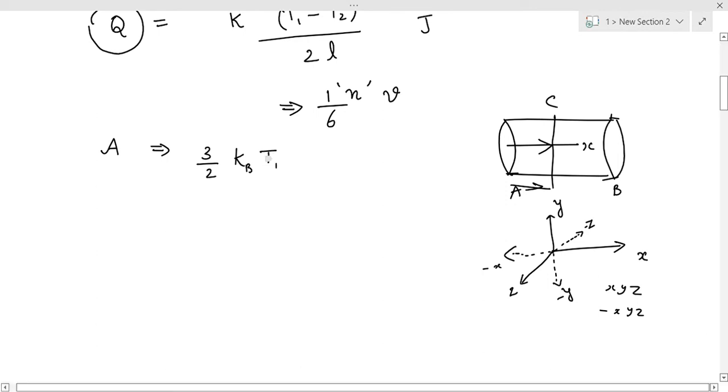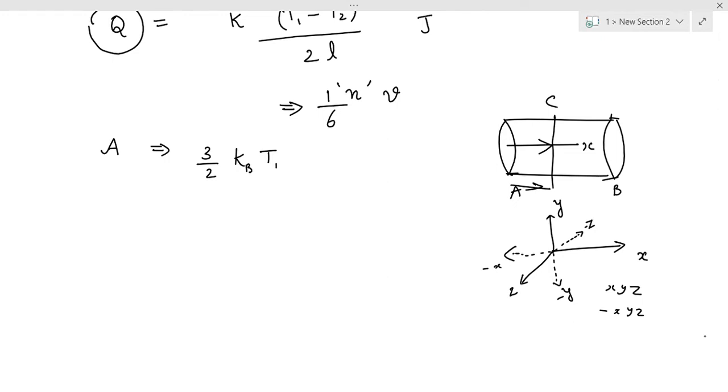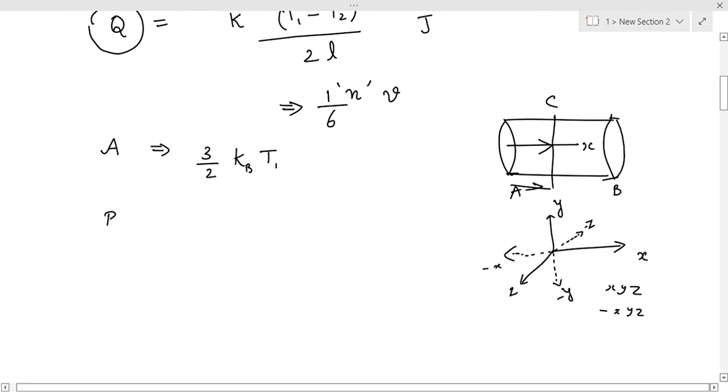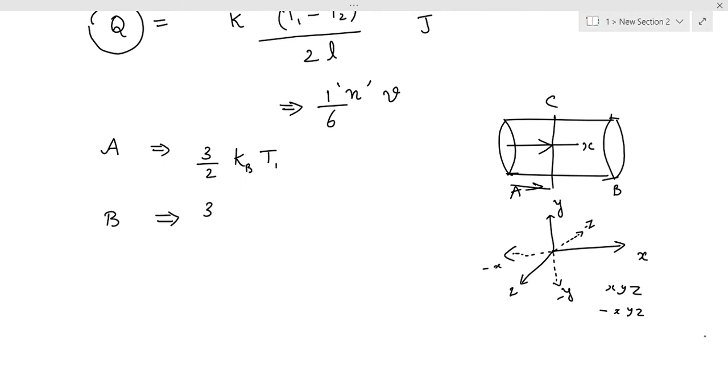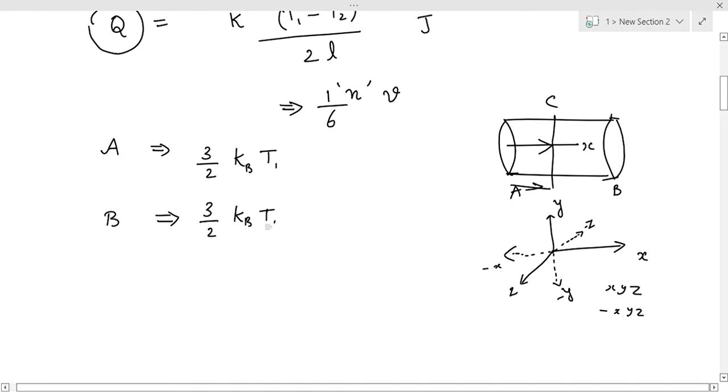At end A, the temperature is T1, and kB is the Boltzmann constant. Similarly, at end B, the average kinetic energy of the electron is 3 by 2 kB T2. The temperature at B is T2.